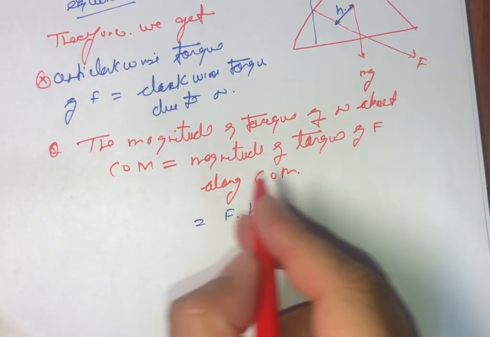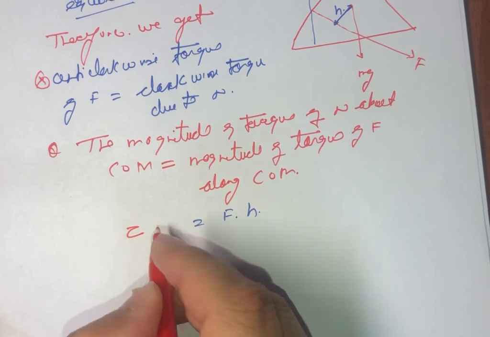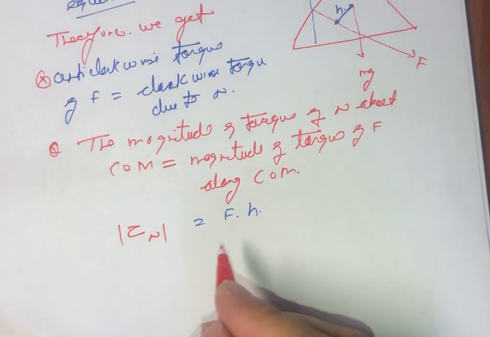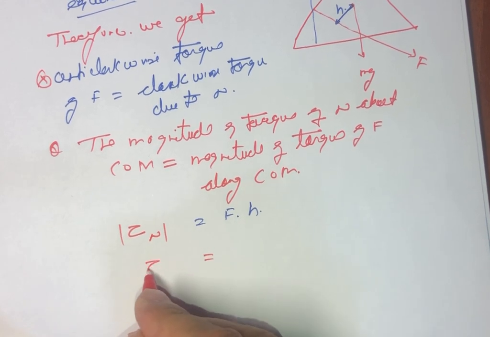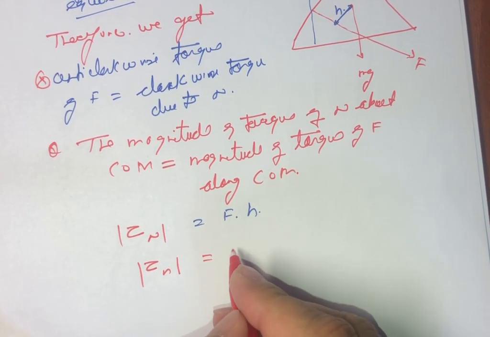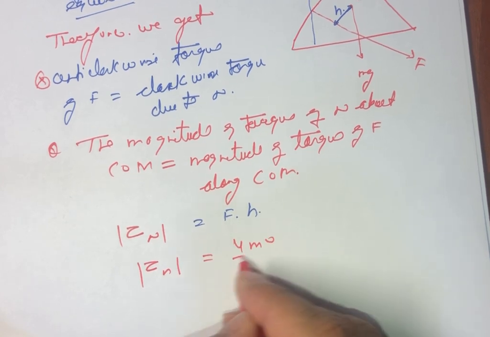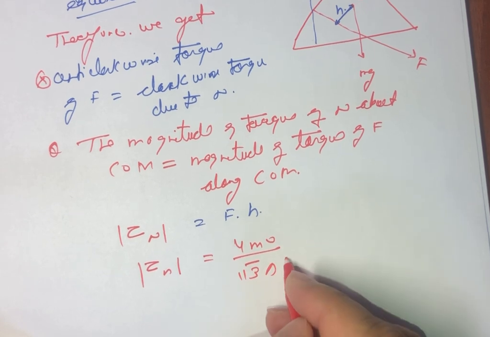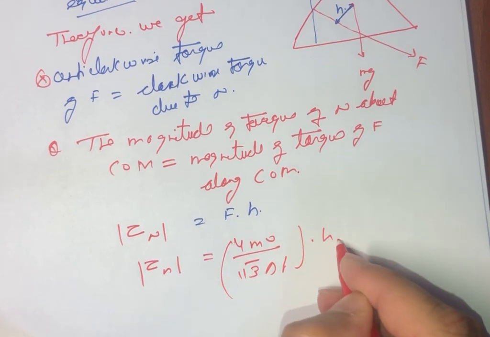If we denote the torque because of normal as tau N, we already know the value of force, so the magnitude of F is 4mv root 3 by delta t, multiplied by h.